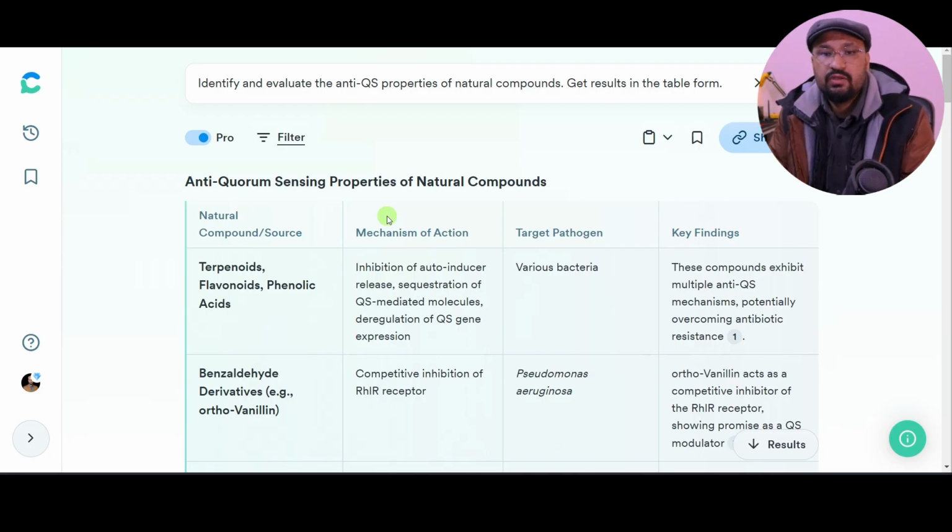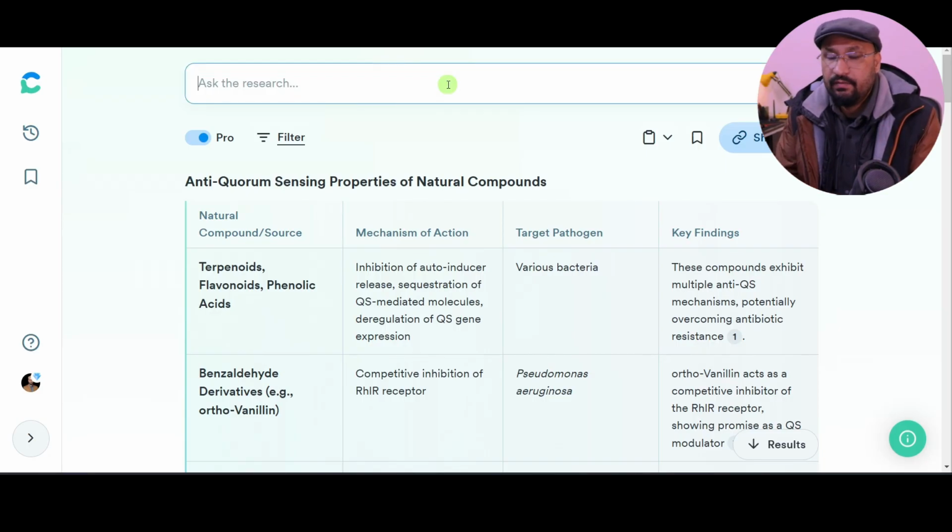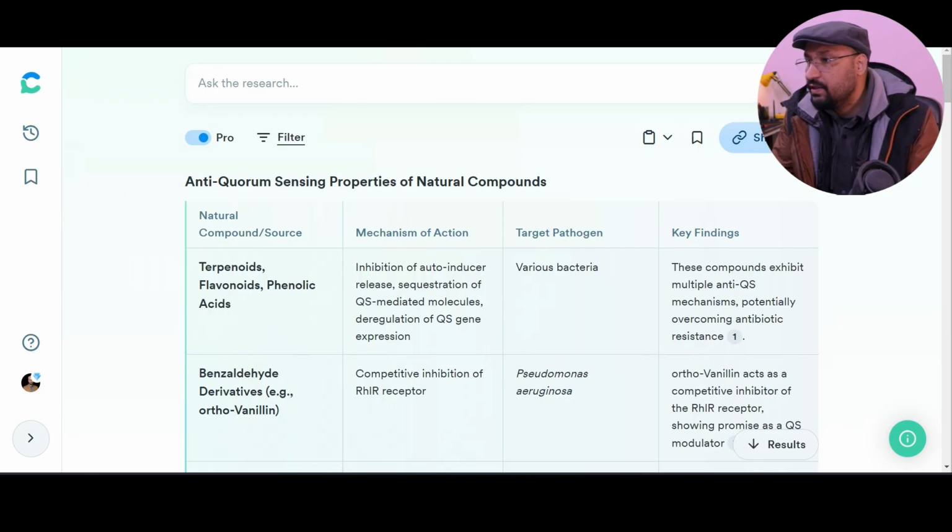You can design your own prompts and just paste them right over here. It's going to give you information, but that information will be peer reviewed. So the third one, which I think is really important for any research project, is identifying the knowledge gap, and also the formulation of the hypothesis.